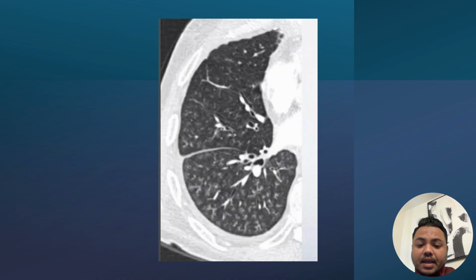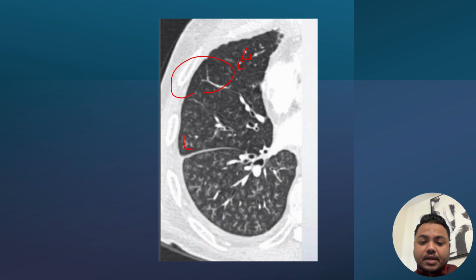And if you closely have a look at the peripheries, there are lots of nodules here. This is more commonly found in infection, and you can see a bit of tree in bud here as well. So these are very commonly found in infection driven bronchiectasis, where you have tree in bud nodularity.